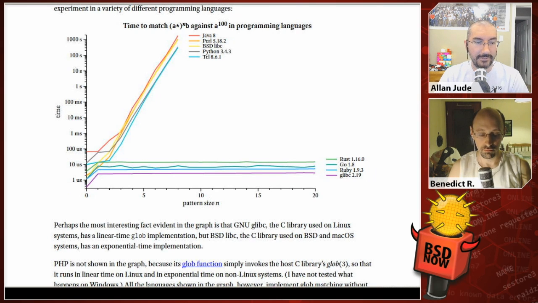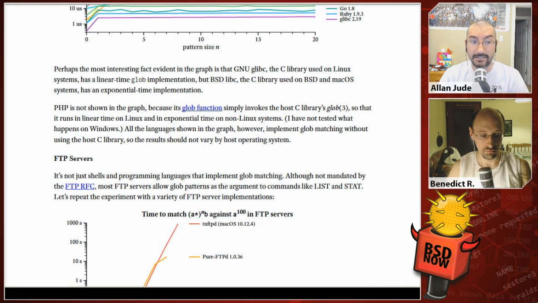They say, perhaps the most interesting fact evident in the graph is that GNU libc, the C library used by most Linux systems, has a linear time glob implementation, but BSD libc, the C library used by BSD and macOS, has an exponential time implementation. PHP is not shown in the graph because its glob function simply invokes the host C library, so how it works depends on what OS you run it on.